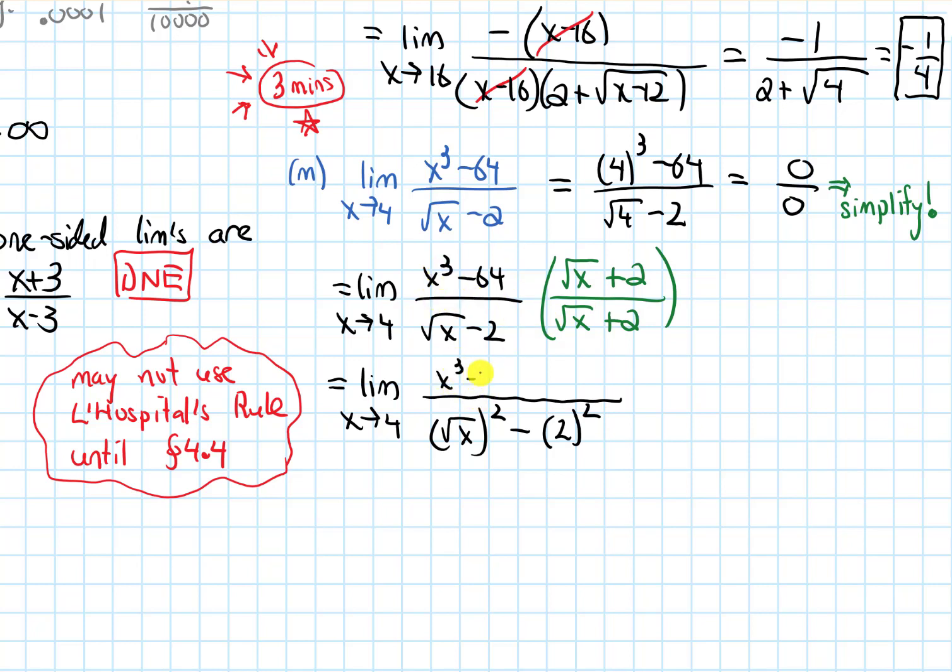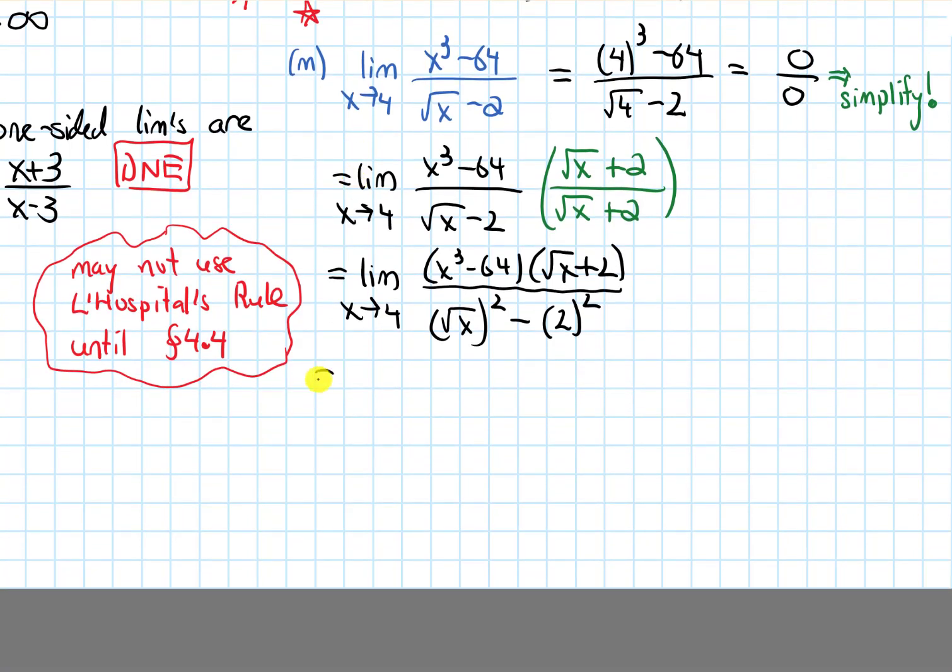I'm going to keep it as x cubed minus 64 times root x plus 2. Because the conjugate is specifically going to be helpful for the denominator, to get rid of that root in the denominator. It's not going to be as helpful for the numerator. So it's helpful to keep the numerator not distributed out so I can see cancellations later.